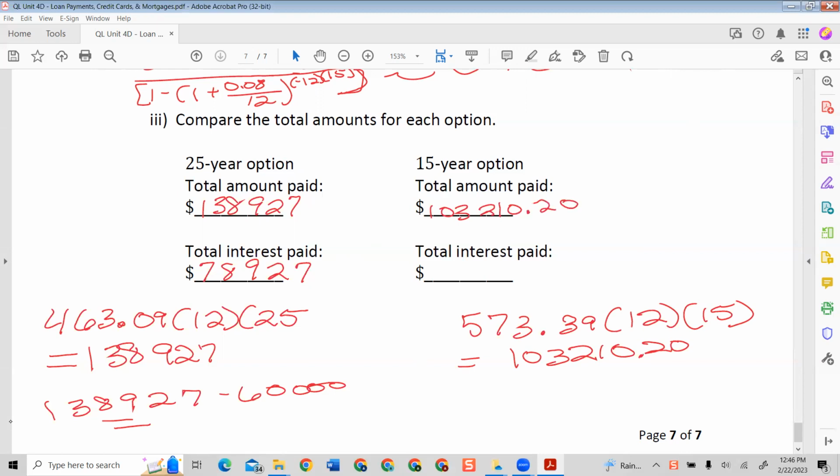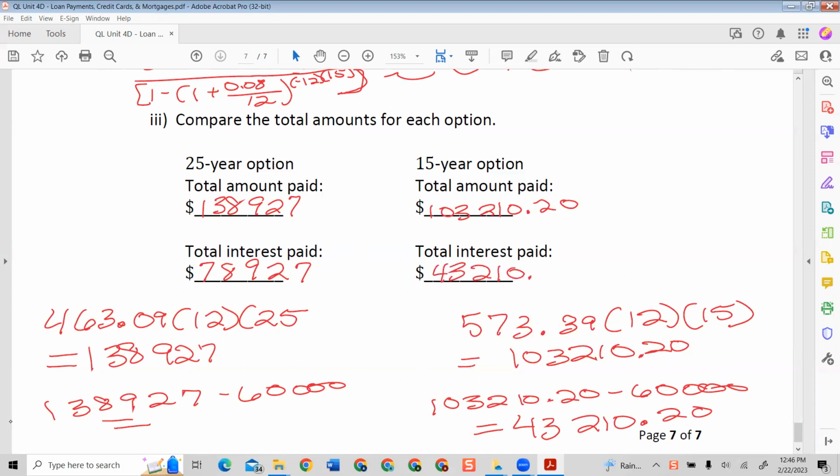All right. Now to find the interest, take that total amount and subtract what you borrowed. And it's going to be $43,210.20. That's still a lot of money, but the 15 years will be a better deal.